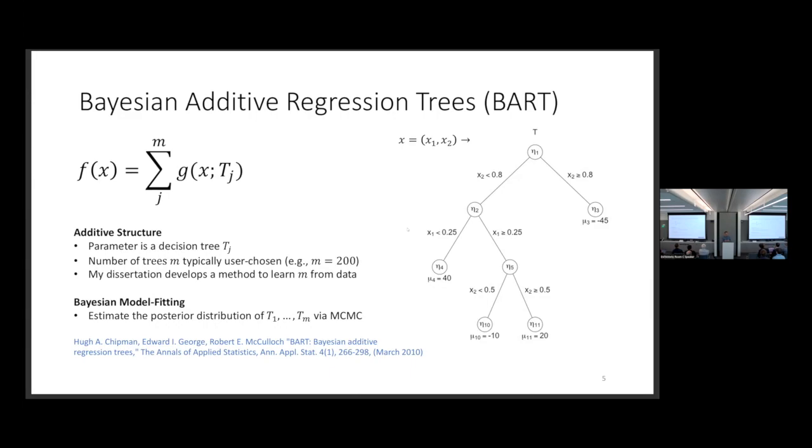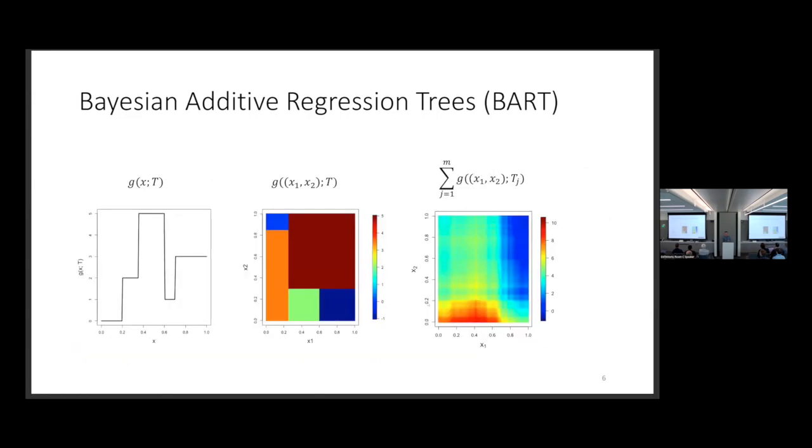And the way that we estimate this model is using an MCMC algorithm. There's a citation here for the initial paper back in 2010 that introduces this model. To give you a feel for what this looks like, in a single dimension your basis function would look like this on the left.